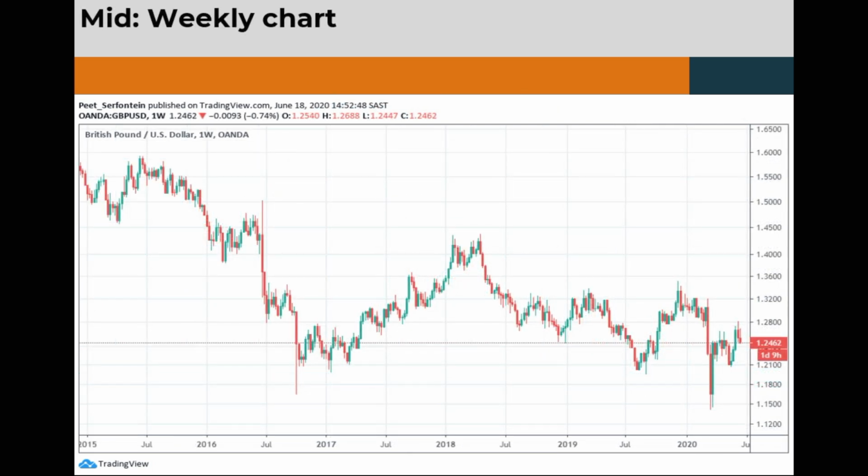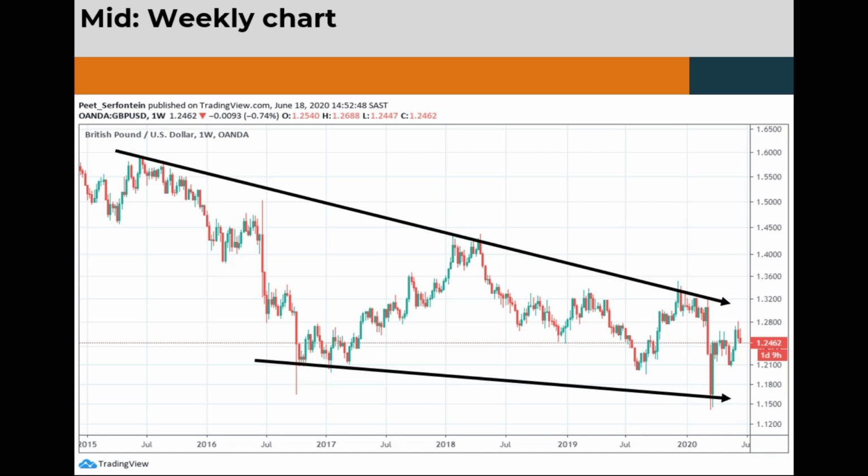Now if I'm going to look at my mid scenario, that's typically my weekly charts. And remember, I said that my weekly charts need to start in 2015 for all my analysis. You will see more or less the same scenarios unfolding as with the monthly charts. Also the trend lines are sloping downwards, and that's already an early indication of dollar strength.